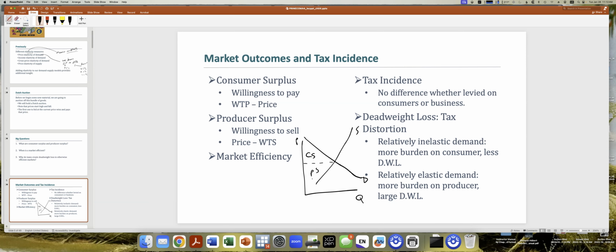Once we start to impose a tax, let's say, for instance, a $1 unit tax that is legally paid by the producer, it doesn't matter who legally pays.